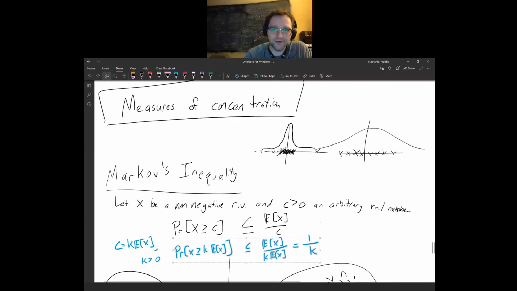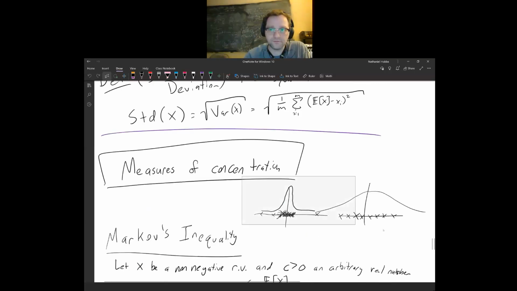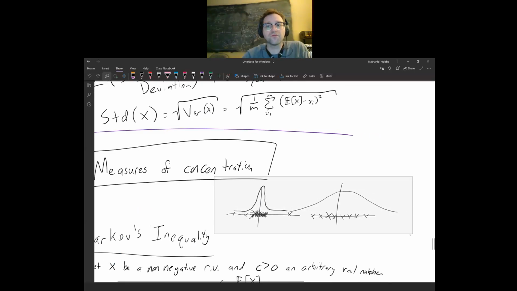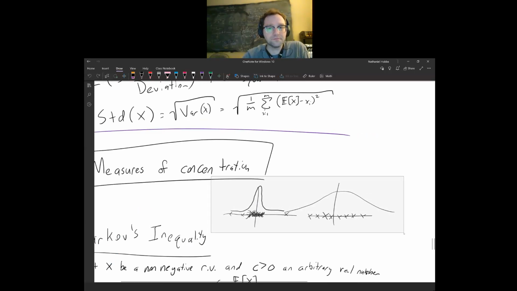I'll go back up here again to these pictures. On the left, the random variable loves its expected value. Many of the values that come from the random variable are very close to the expected value. On the right, things are very spread out. Numbers can vary wildly from the expected value, and that's fine. That's just the nature of this random variable.